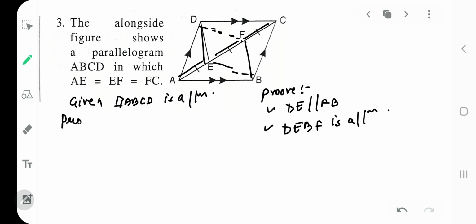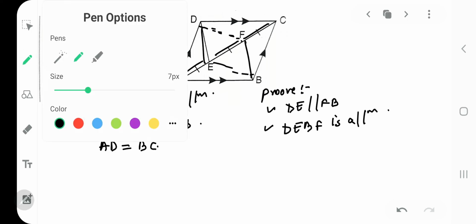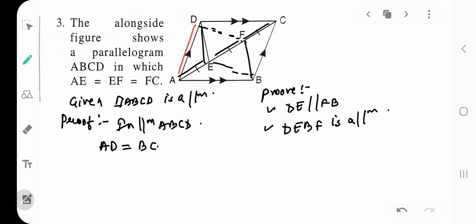How will you start with the proof? Now in parallelogram ABCD, can I say AD is equal to BC? Because these are the opposite sides of your parallelogram and they are equal. Again in parallelogram ABCD, AD is parallel to BC and AC is a transversal.